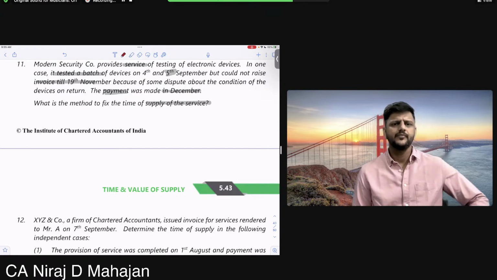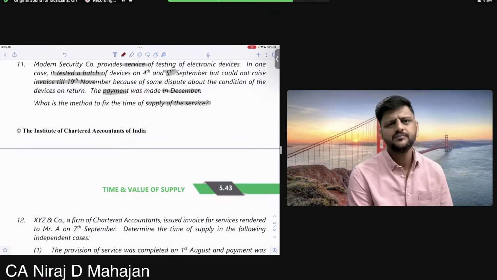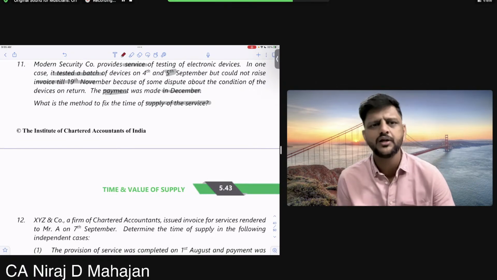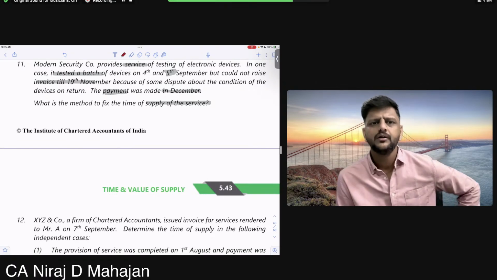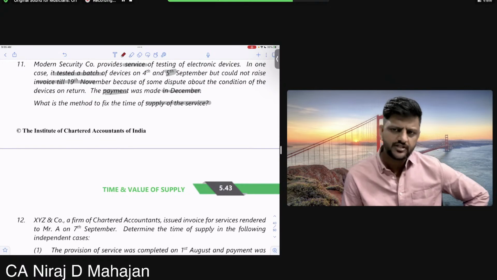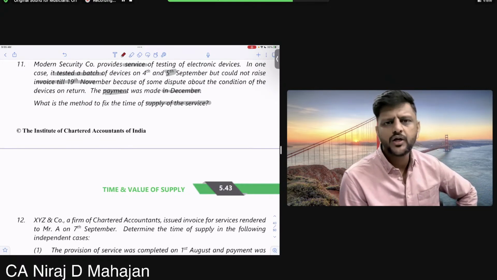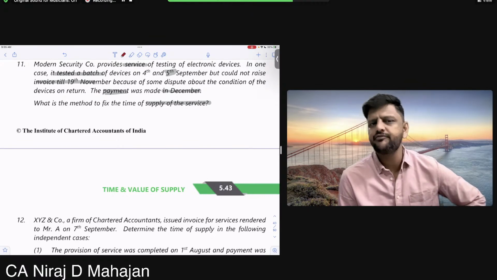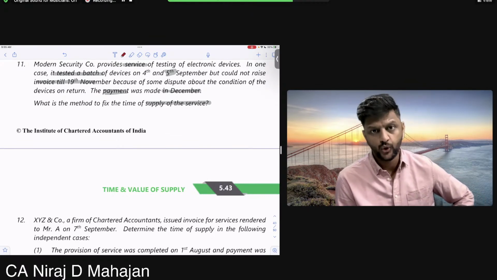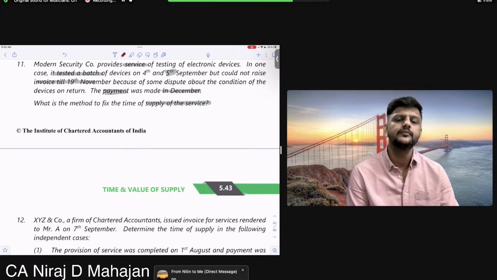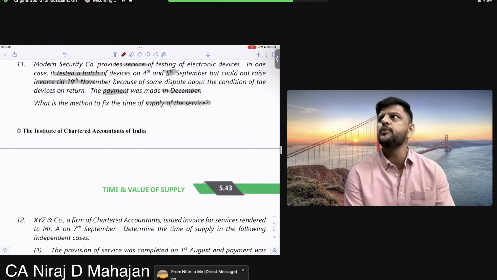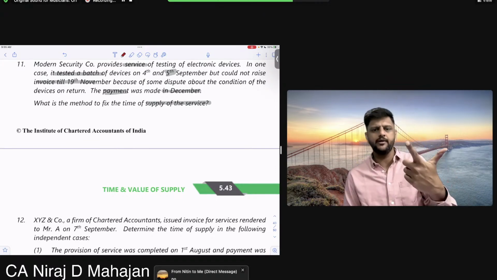Tell me, what is the first thing you check? FCM service. First thing you check, invoice is within time or not. The supply of service is 5th September, 4th as well as 5th, so I'll take it as 5th. So my invoice should have been issued by 5th October at the latest. Is it issued? No. Invoice is not issued within 30 days. So if invoice is not issued, then provision of service or payment, whichever is earlier.